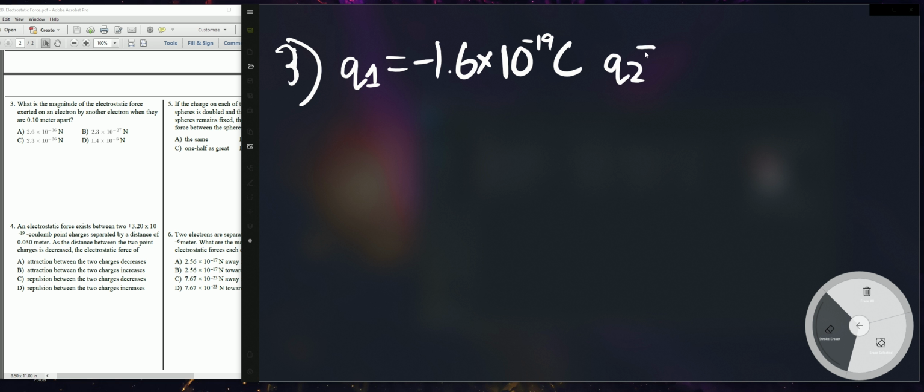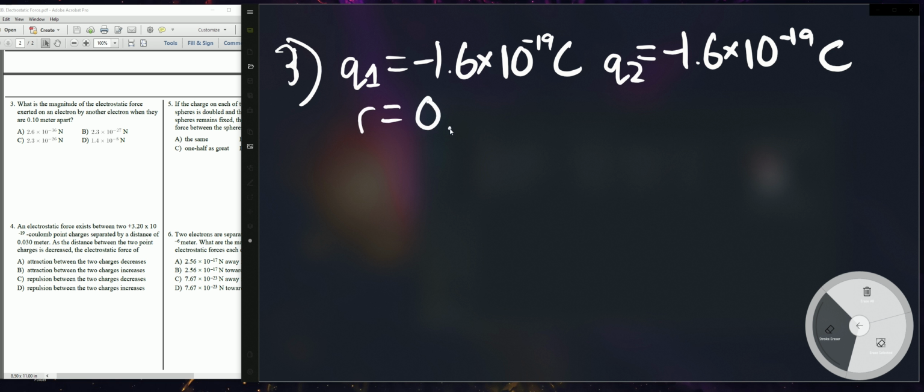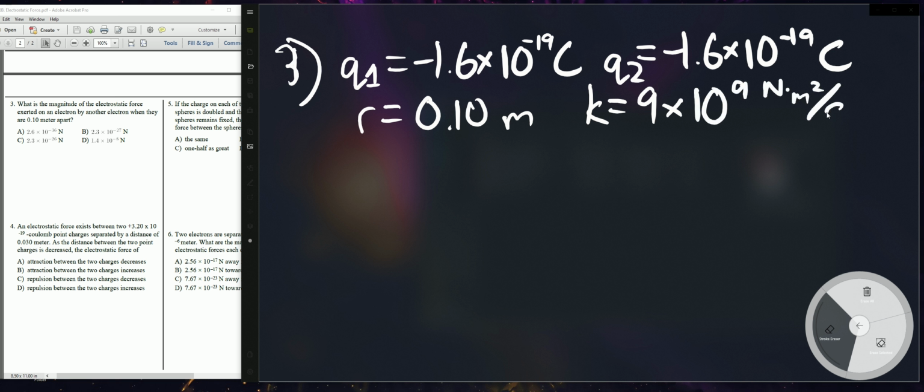Guess what? It's another electron, so it's going to have the same exact charge. And we know that the distance is 0.1 meters apart. And we know that the electrostatic constant, again, I'm rounding it, is on the first page of your reference table. And so you want to figure out, what is the electrostatic force?